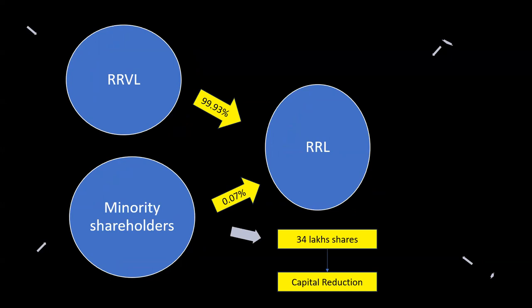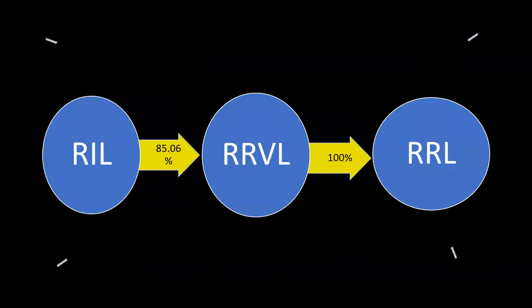So to recap, RRL, Reliance Retail, has decided to reduce capital to the extent of 34 lakh shares. In the process, post-capital reduction, RRVL will hold a 100% stake in RRL.